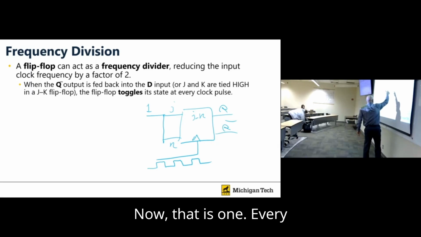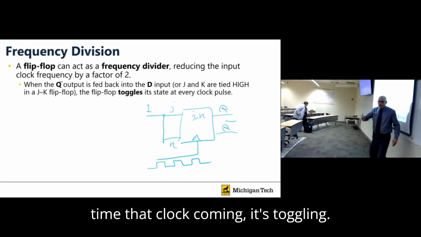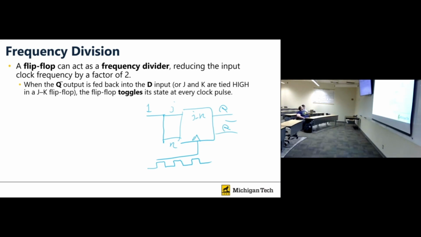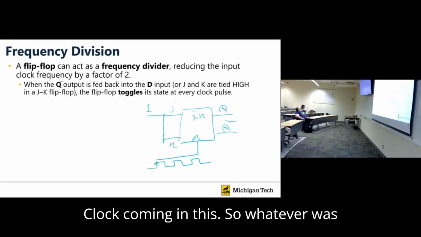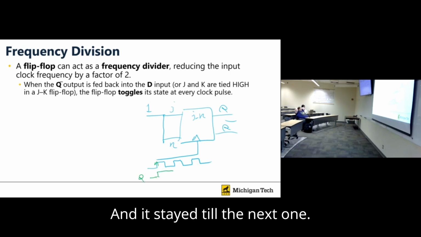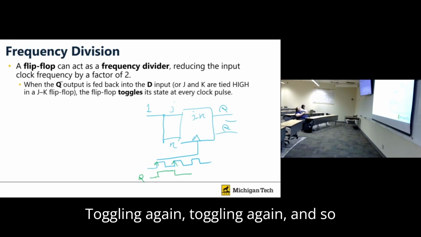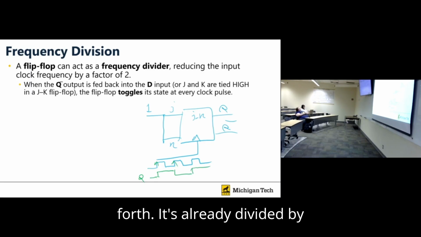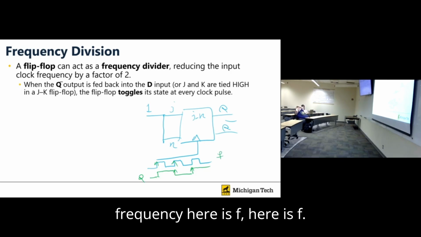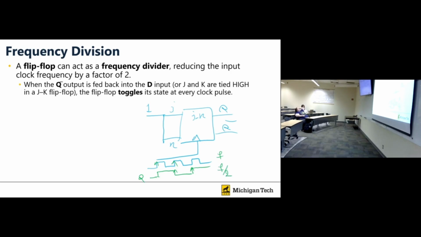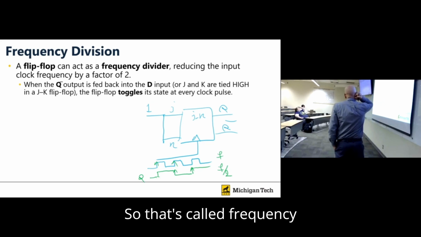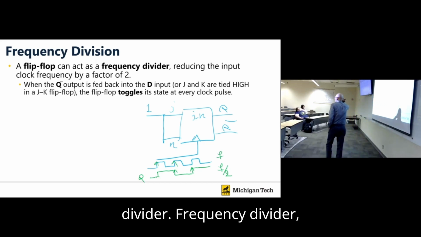Now every time the clock comes, it toggles. Let's see what's happening. Clock comes in, and whatever was inside, for example 0, toggles and stays until the next one. Toggling again, and so forth. It's already divided by 2. If the frequency here is F, here it is F over 2. So that's called a frequency divider.